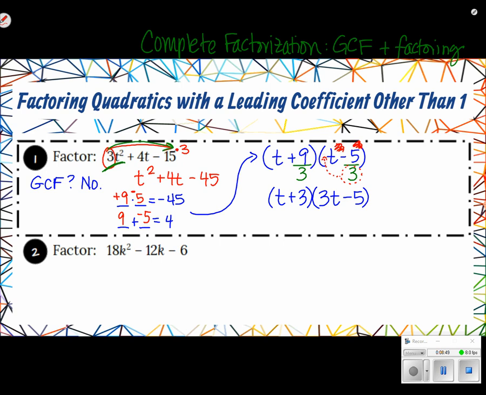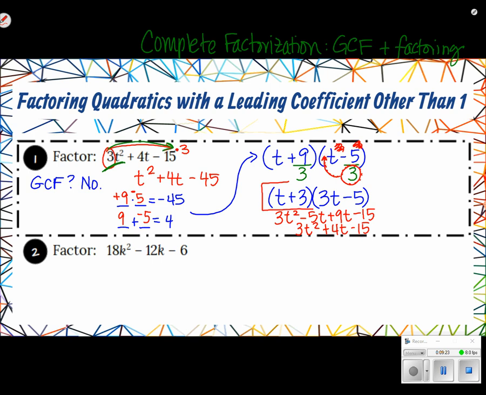t times 3t, look here, we've got 3t squared. If we had not moved that 3 right here from the denominator up in front, we wouldn't have gotten 3t squared. So that move allows us to get the 3 in that 3t squared, and then we're going to have minus 5t plus 9t, and then minus 15, and then we've got 3t squared plus 4t minus 15, which is what we originally started with.